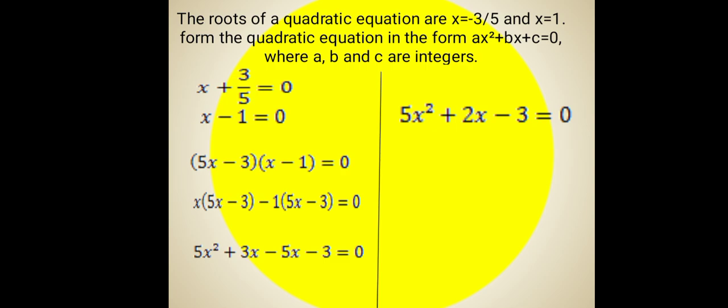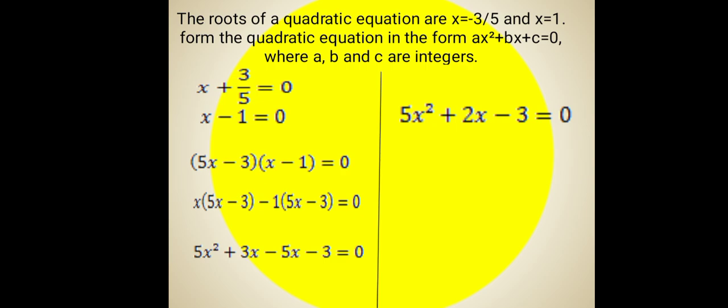The roots of a quadratic equation are x equals negative 3 over 5 and x equals 1. Form the quadratic equation in the form ax squared plus bx plus c equals 0, where a, b, and c are integers.